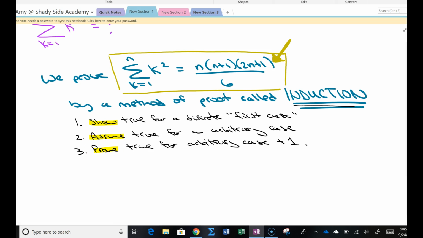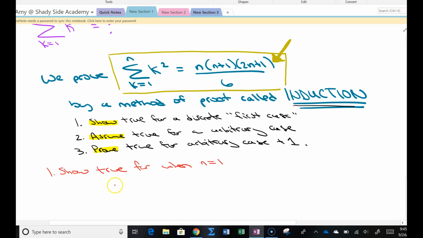So here's what we're going to do. We're going to use proof by induction to show that this is indeed the explicit formula for the summation from k equals 1 to n of k squared. Step 1, we're going to show true for a discrete first case. So I'm going to show true for when n equals 1. Well, let's see.